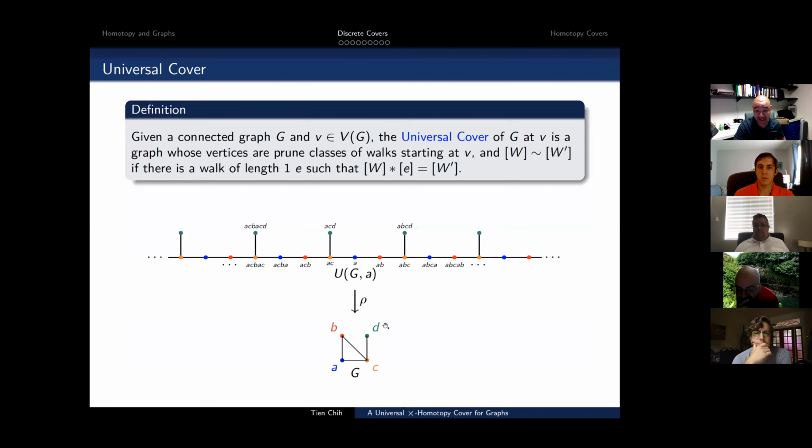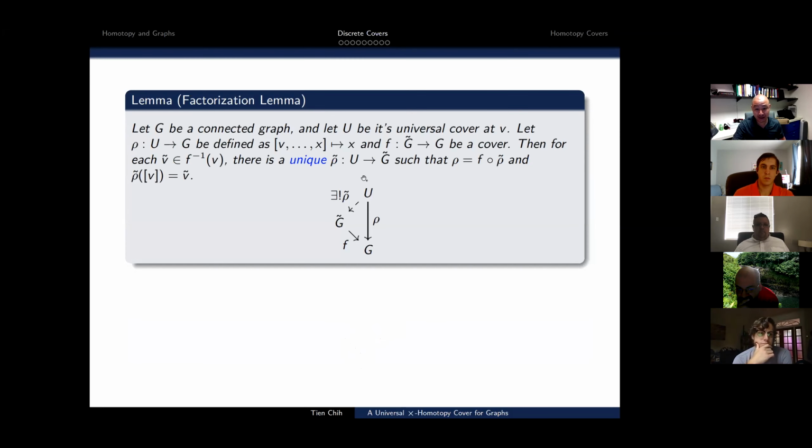So ABCD goes to D, ABC goes to C, etc. If you have a covering map from G total to G, then for every pre-image of V in G total, there's a unique cover from U to G total that lets this factor. So U covers the covers, basically.